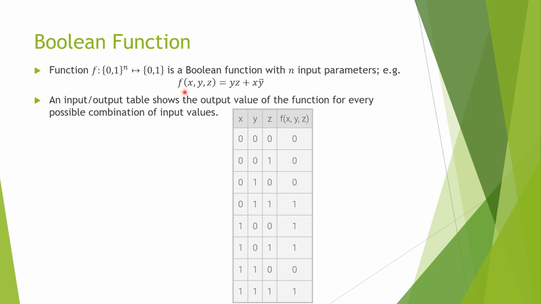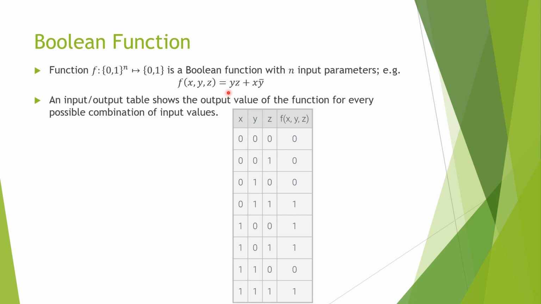So for example, if we have a function with 3 input parameters like x, y, and z, you can represent that function using this representation, f of x, y, and z. Here we have an example of a Boolean function. You can represent a Boolean function using a general formula like this.